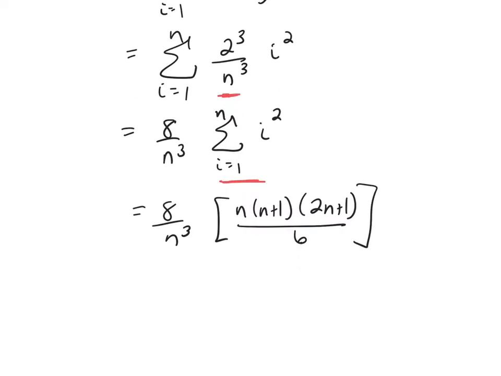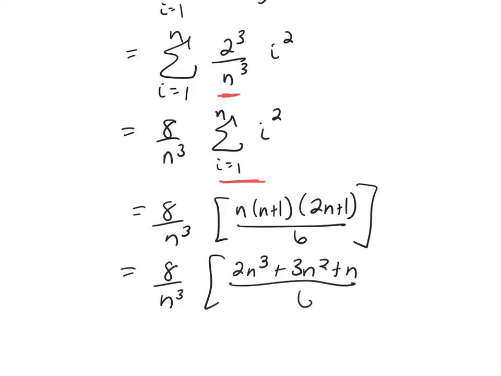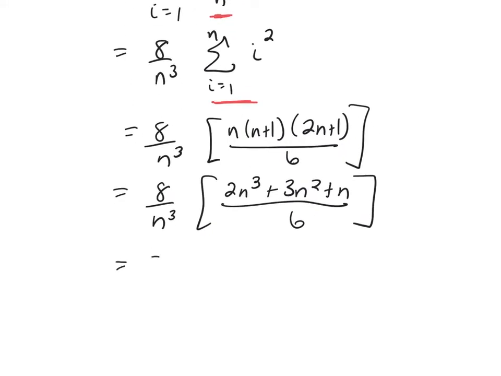And then if you multiply out the numerator, you will get 2n cubed plus 3n squared plus n over 6. You'll get 8 over n cubed times that, and then if you distribute here and simplify, you'll get 8 over 3 plus 4 over n plus 4 over 3n squared. And this is the formula for my upper sum.